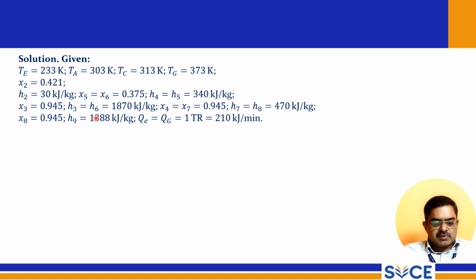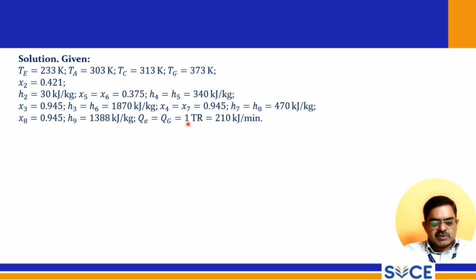H3 equals H6, that is 1870 kilojoules per kg, and X4 and X7 are equal to 0.945. H7 and H8 are 470 kilojoules per kg. X8 is also 0.945. H9 is 1388 kilojoules per kg.